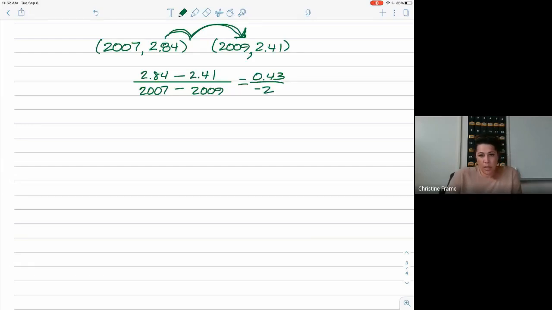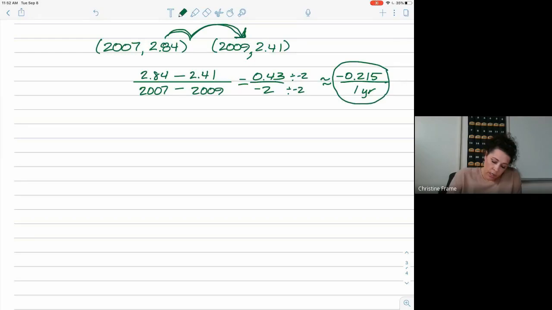Of course, I could have gone the other way. And if I divide the top by negative 2 and I divide the bottom by negative 2, well, that's going to be negative 0.215 for every 1 year. So now let's just do a little interpretation of what that means per year. How much is the price going down per year over that 2-year span?